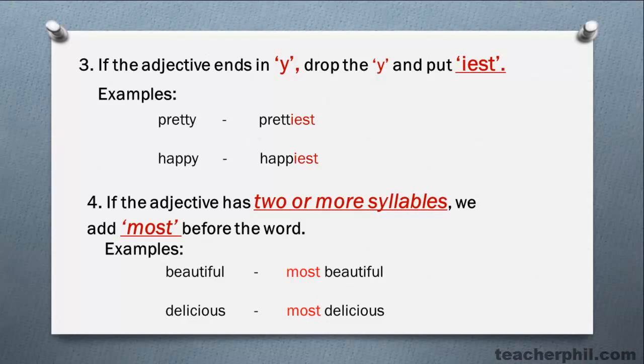Pretty, prettiest; happy, happiest. The last one, if the adjective has 2 or more syllables, we add the word most before the word. Examples: beautiful, most beautiful; delicious, most delicious.